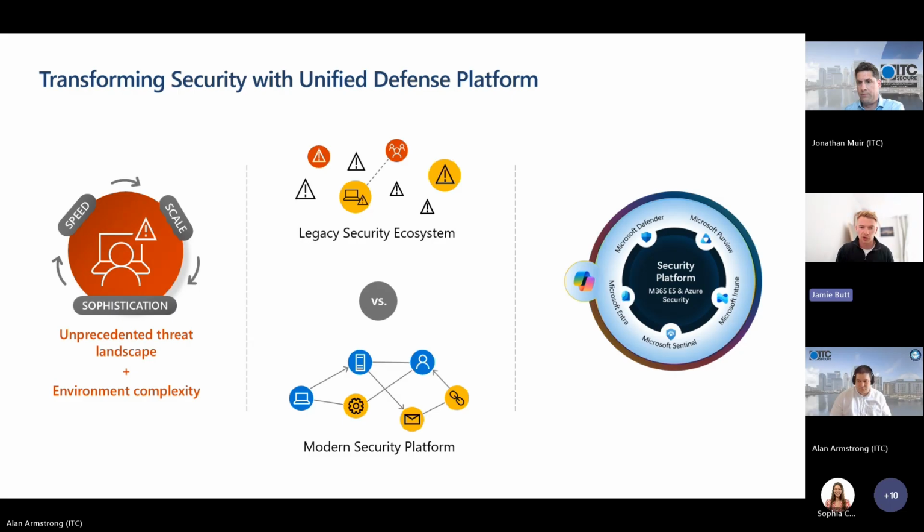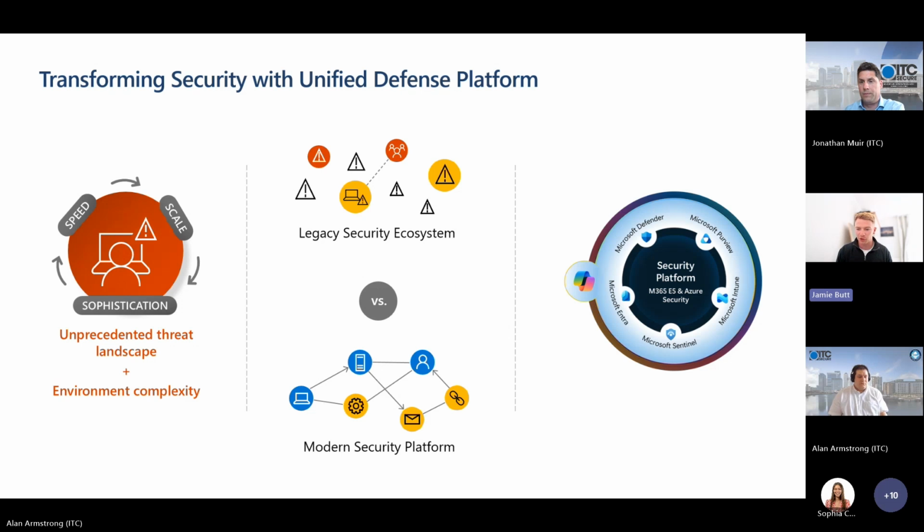It's going to massively increase your security posture, drive down mean time to detect and mean time to respond. And obviously why we're here today is it's going to massively reduce the amount of complexity that you're dealing with, both from a contracting perspective and a vendor perspective as well. So yeah, that's really the shift that we've seen.